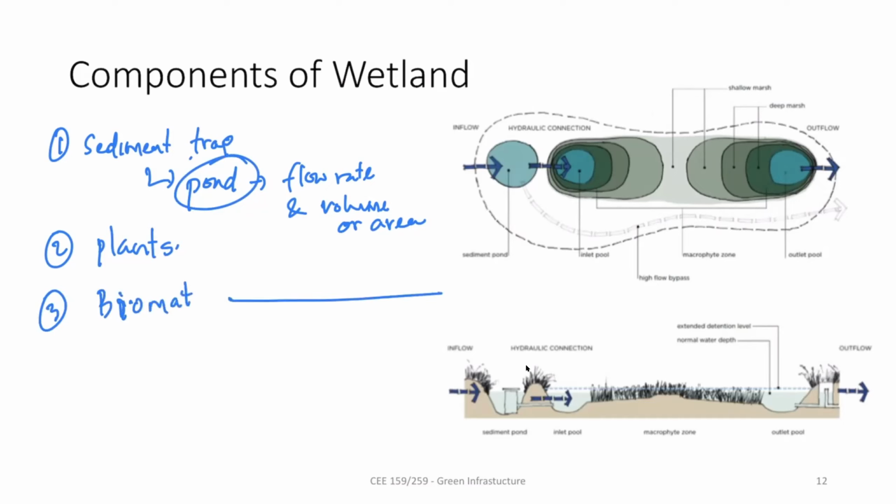So let's say this is soil and this is water. Water is flowing here. In this location you have sediments. So this is the biomat.